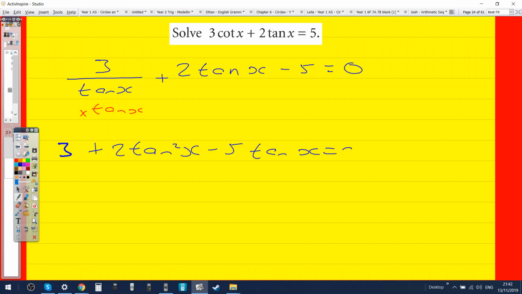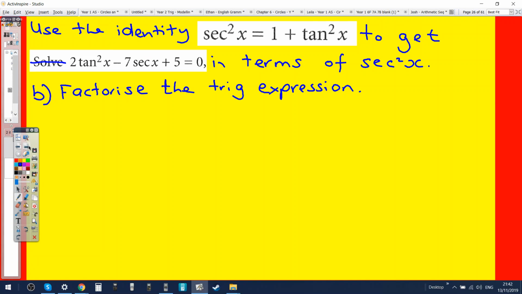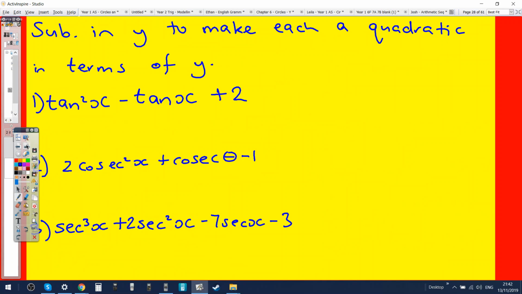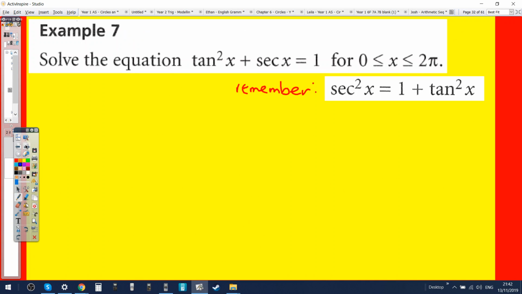Yes. And so that's how you do the fraction type. This one we did, those ones we did. Solve this equation.